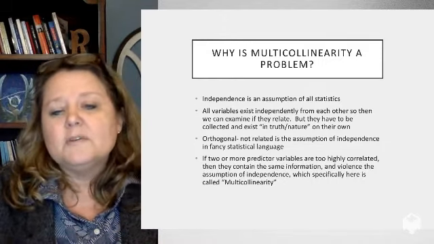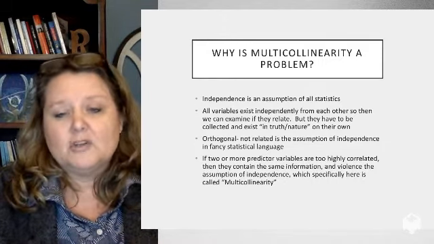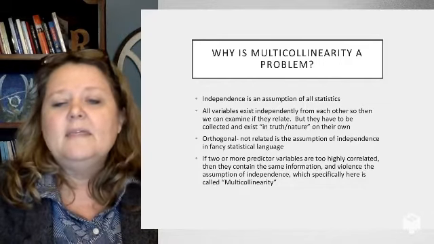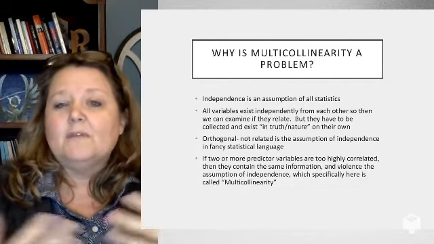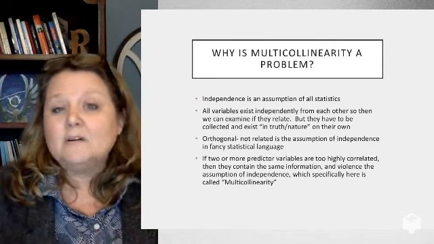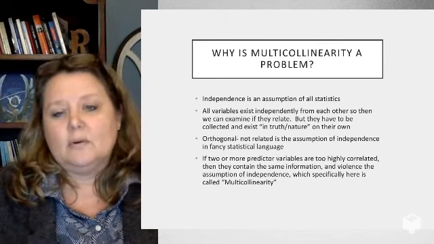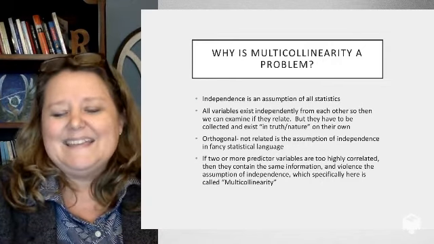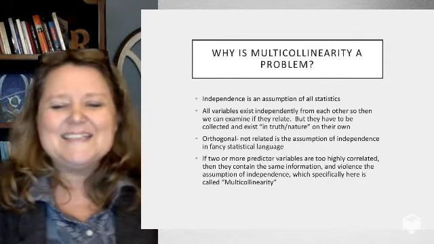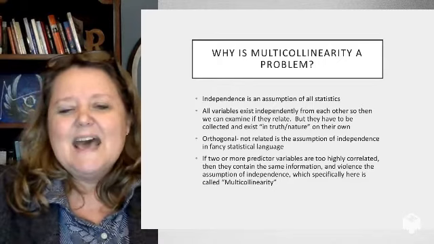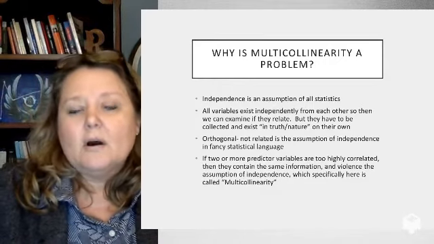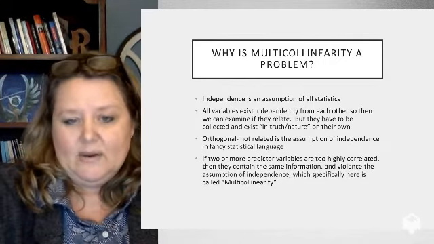So if two or more predictor variables in a regression are too highly correlated, then they may actually contain the same information, and on a mathematical level anyway, they are contaminating each other, right? They're too highly correlated. So this violates the assumption of independence, which specifically here they call multicollinearity.